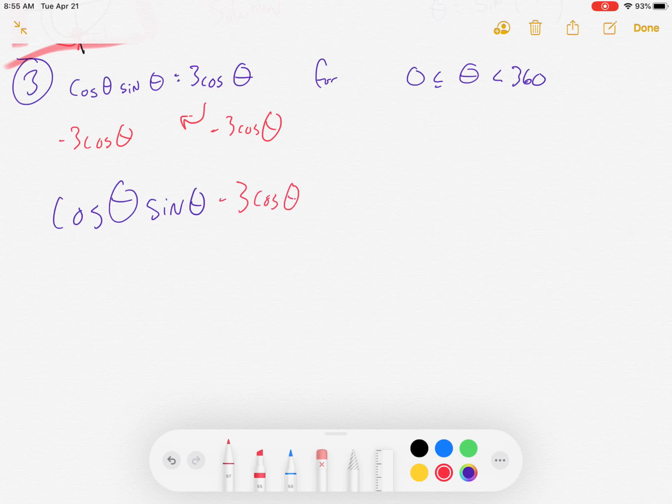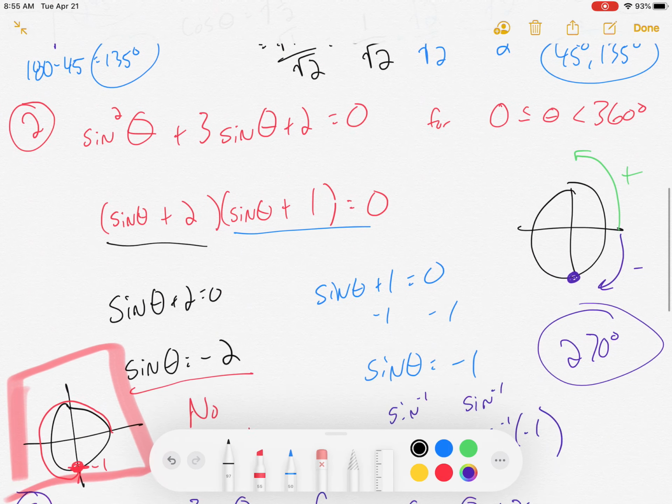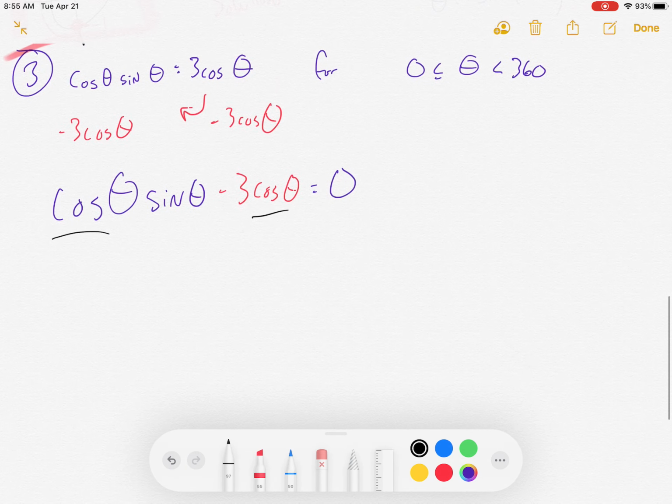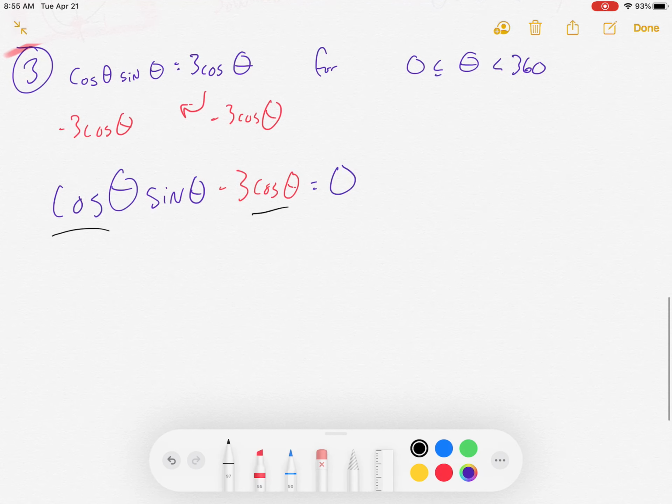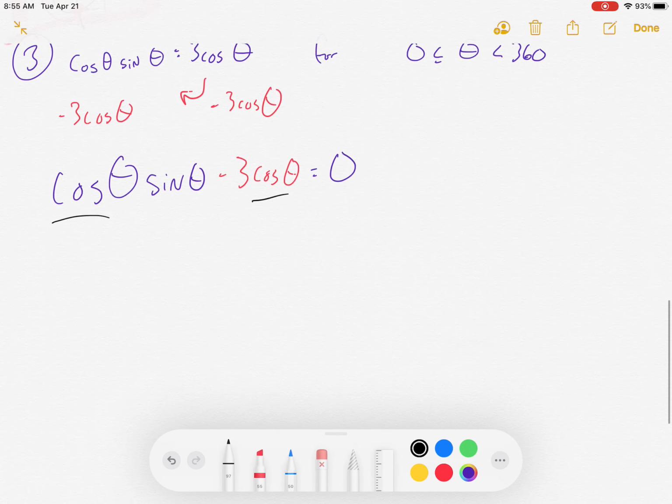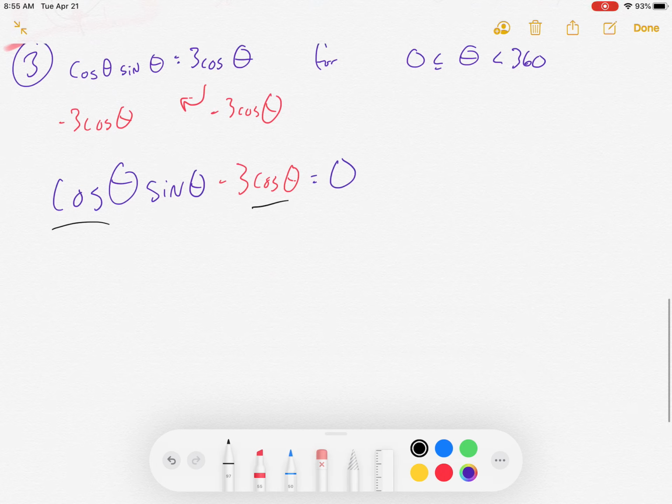We're left with cosine of theta, sine of theta, minus 3 cosine of theta equals 0. Now you might notice, hey, I've got a cosine here and a cosine here. In problem number 2, I factored, I treated it like an x, so I'm going to treat this like algebra.